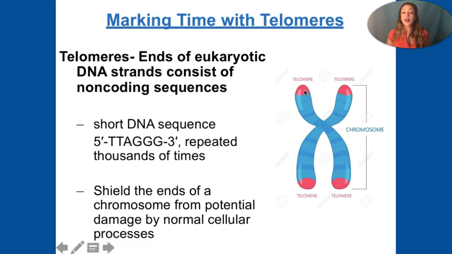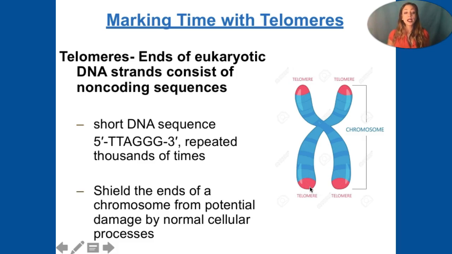So at the end of each chromosome, there are what are called telomeres. Telomeres, like I said, are the very, very end of the DNA strands. This has a non-coding sequence there. As DNA gets replicated, these get shortened and shortened every single time.